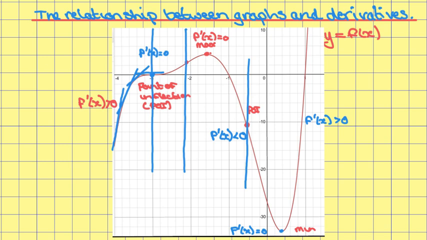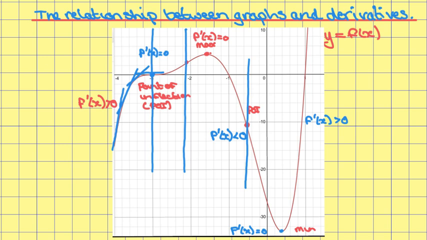So now let's see what we have in terms of second derivative. Well, at this point here, it's getting easier. The gradient of the graph is getting less and less until it becomes zero. That means that the rate of change of the gradient, or the second derivative, because it is getting less, is negative.